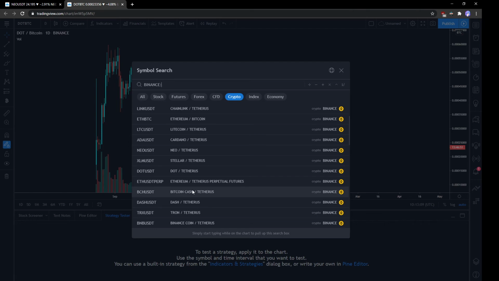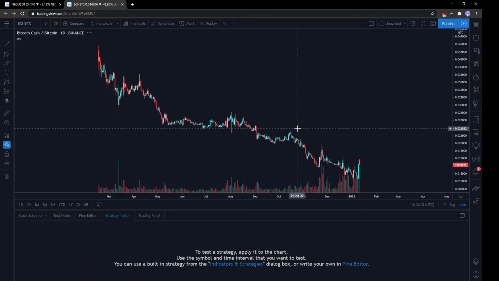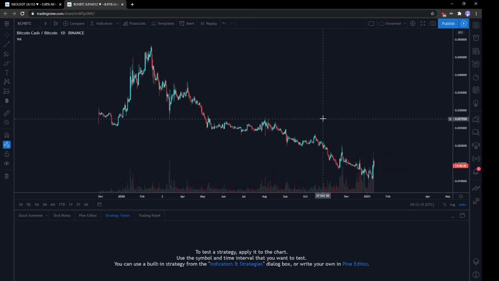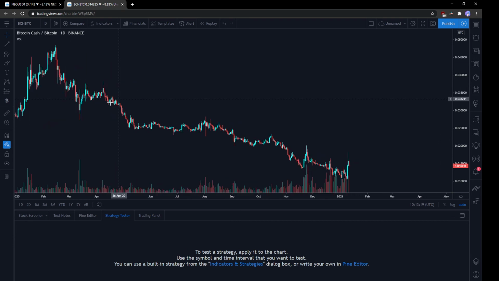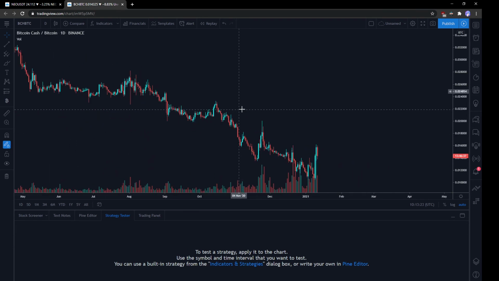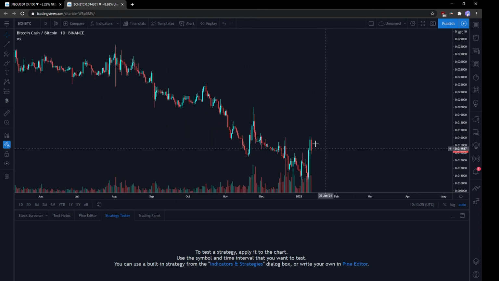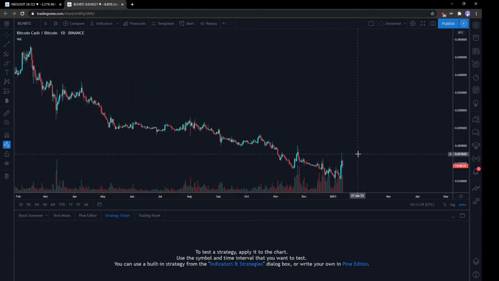Maybe BCH, which has been here for a long time. Actually, on Binance, it's quite recent. And it has only been bearish, so it's better to buy Bitcoin at this point.